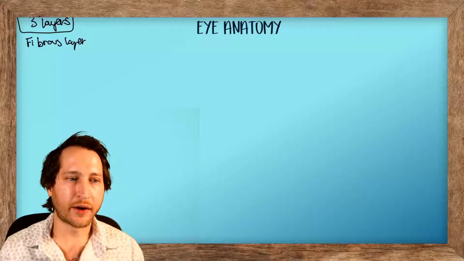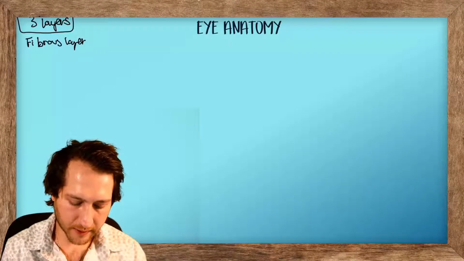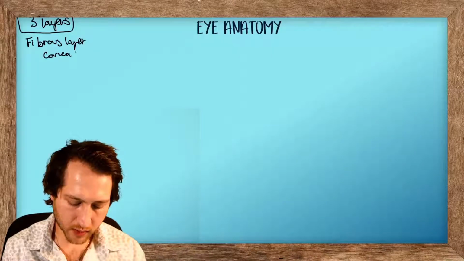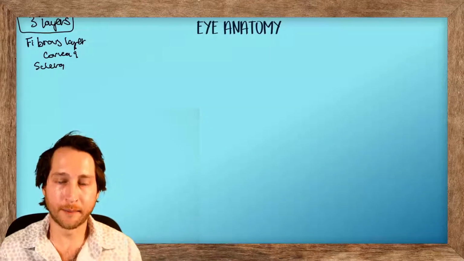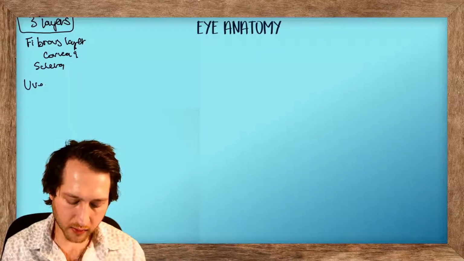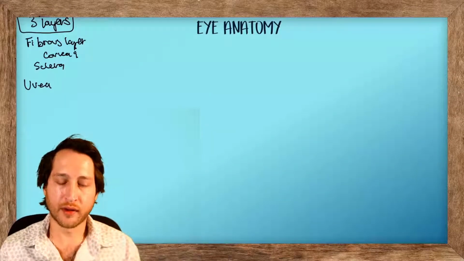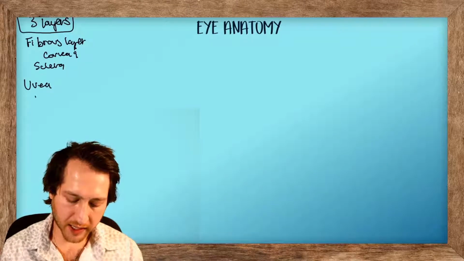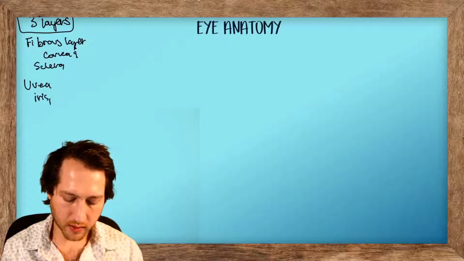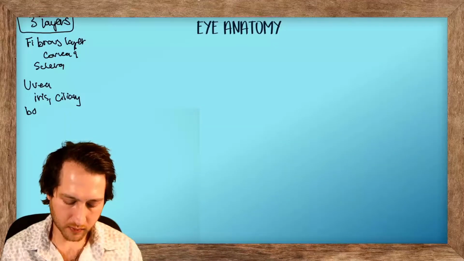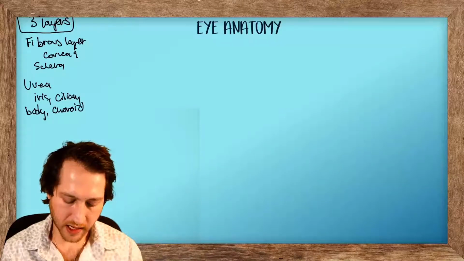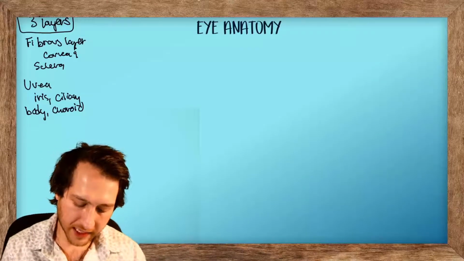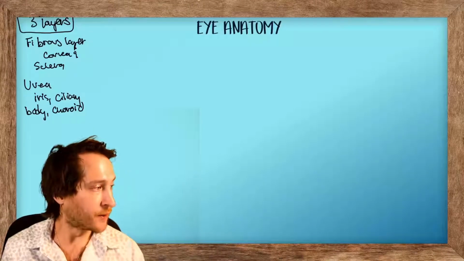And the fibrous layer is going to be composed of the cornea and sclera, the white part of the eye. Then we have the uvea, or the vascular portion, which comprises the iris, the ciliary body, and the choroid, that pigmented layer. And then lastly, we have the neural layer or the retina.